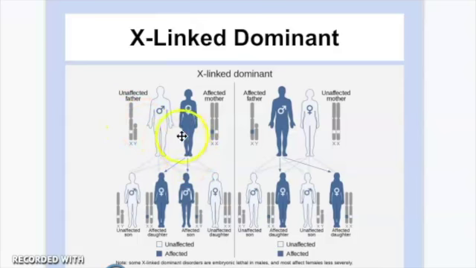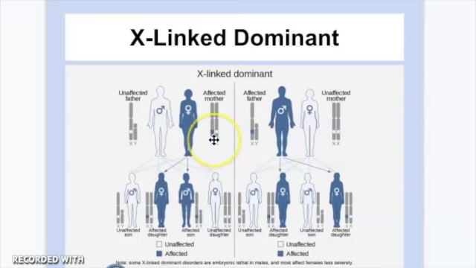Now, some of you might say, well, why does she have the disorder if she has an allele that's unaffected? So she has one affected allele in blue, one unaffected allele in white. And that's because this is an X-linked dominant trait. Okay? So that doesn't matter.